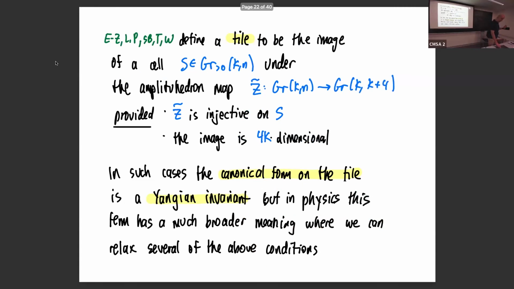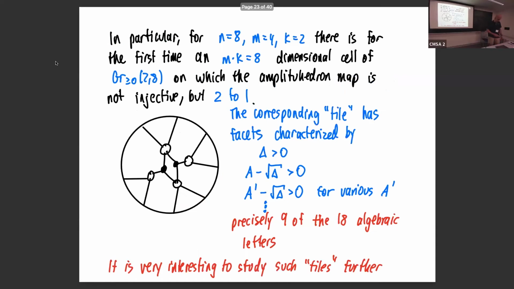And an example of what you get when you relax that requirement can be seen by looking at this Plabic graph, which describes an 8-dimensional cell of the totally non-negative Grassmannian 2, 8, on which the Amplituhedron map is not injective, but 2 to 1. Okay?